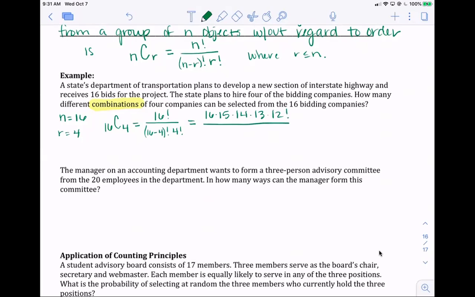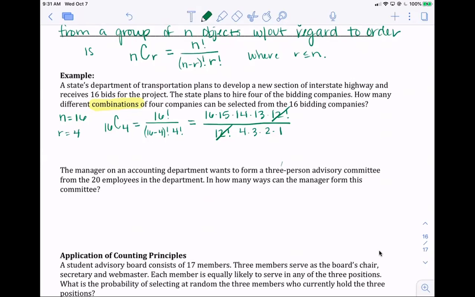I'm stopping there because 16 minus 4 is 12. So these will cancel. And here, let's erase that 4 factorial and rewrite it as 4 times 3 times 2 times 1.